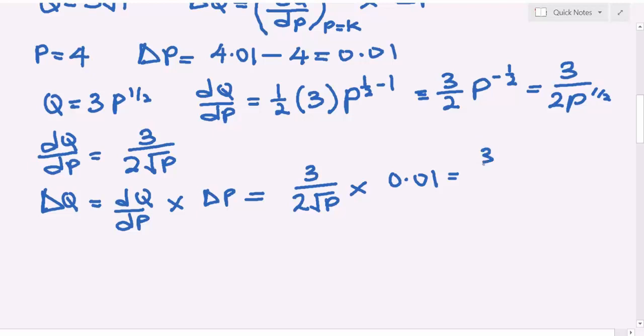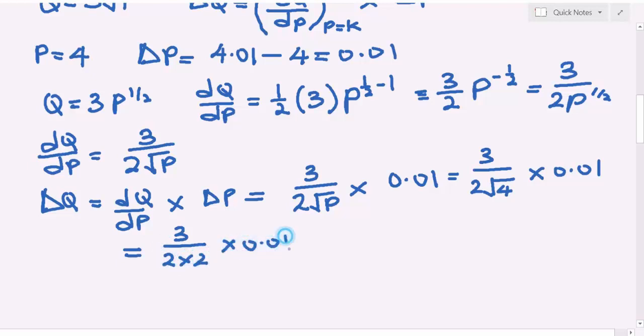This will give us 3 over 2 root 4 times 0.01. This is equal to 3 over 2 times 2 times 0.01.